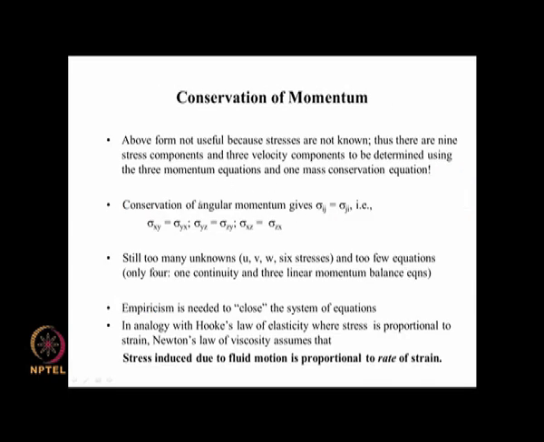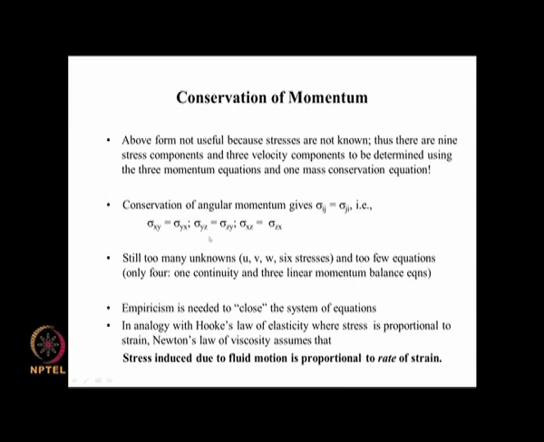Okay. So, in that sense angular momentum conservation is good, but it does not solve the problem because we still have too many unknowns. You have U, V, W and 6 stress components and too few equations, only 4: one continuity equation, or the mass conservation equation, and the 3 linear momentum balance equations. We have already used the angular momentum balance equation, there is nothing more to get from it.